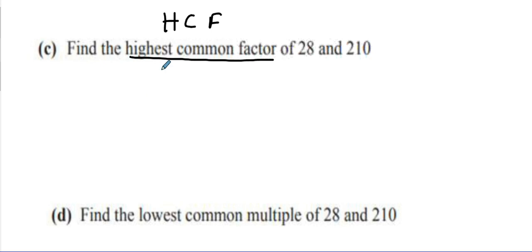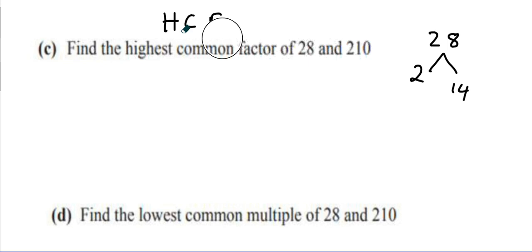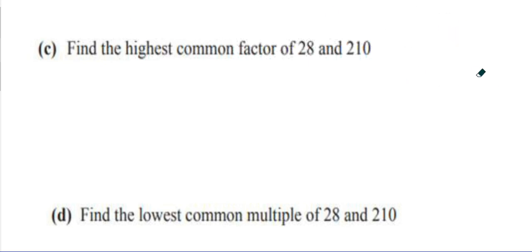We already discussed how to find the HCF of two numbers, even more than two numbers. What we do is make a factor tree of each number. This will be 2 times 14. And I guess I have these numbers over here, so let us make use of them. We don't have to do a factor tree again. So let us copy and paste.